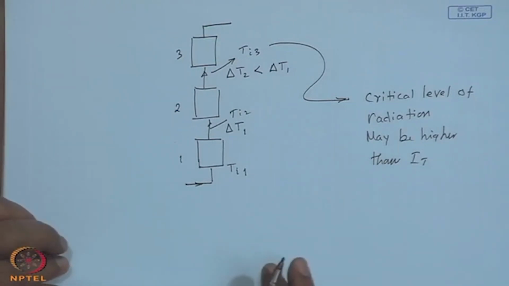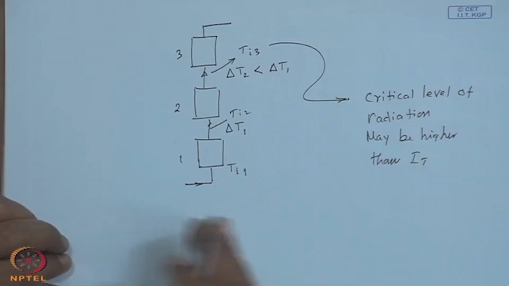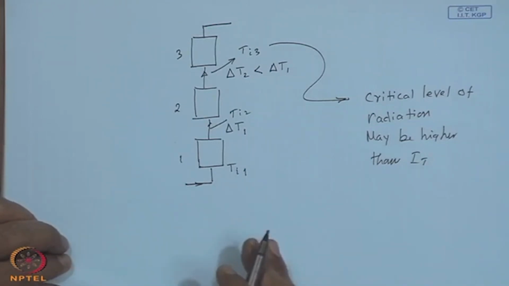In other words, a stage will come where the last of the collectors may not be able to provide further heating to the fluid that they receive. So, this is one danger one has to reckon with when the collectors are in series compared to in parallel mode.